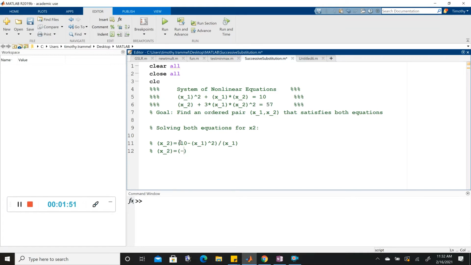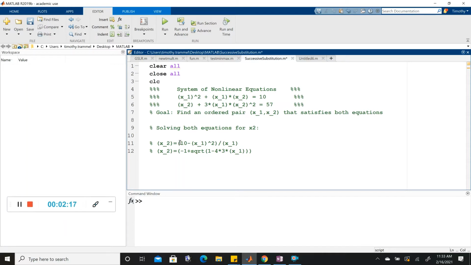So actually we'll have minus 1 plus the square root of b squared, so it's 1 squared minus 4 times a, and a is that 3 times x1.